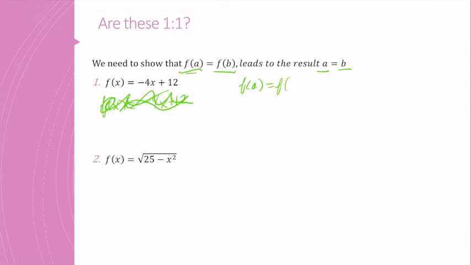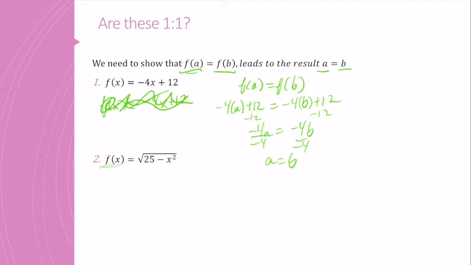So I have negative 4a plus 12 equals negative 4b plus 12. If I subtract 12 from both sides, I get negative 4a equals negative 4b. I divide both sides by negative 4. I get that a equals b.